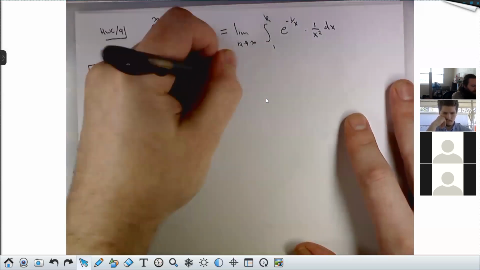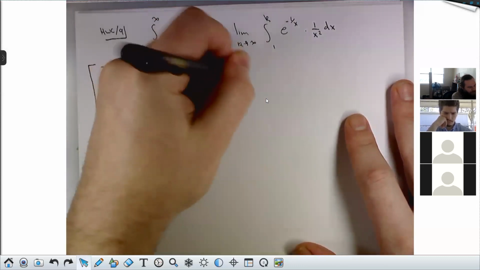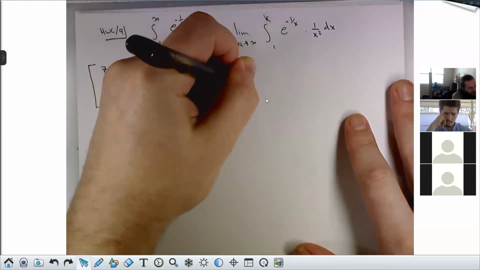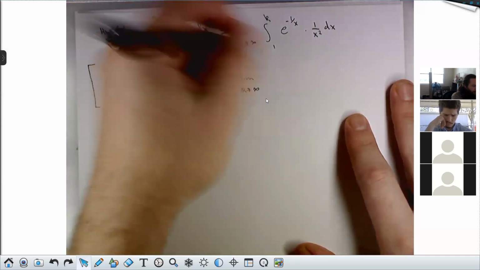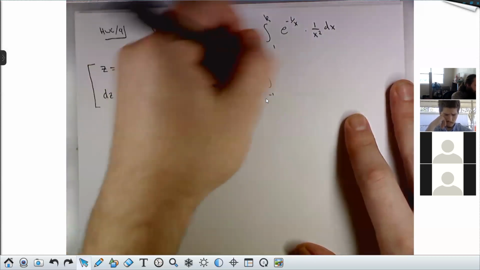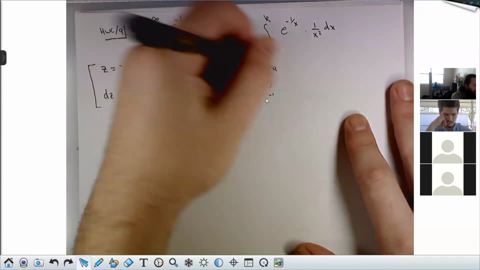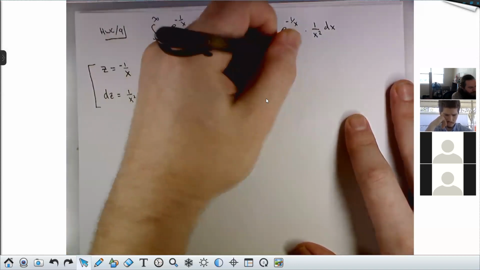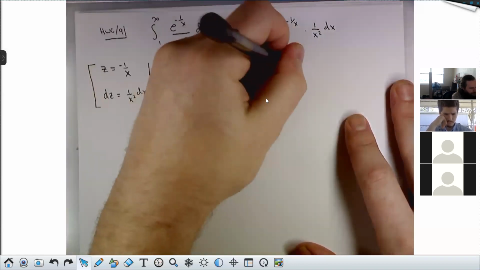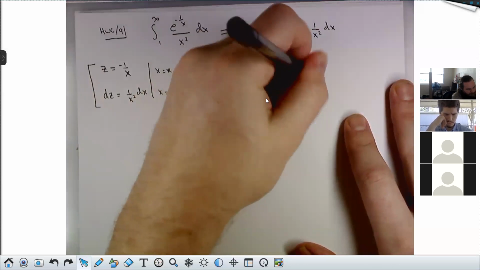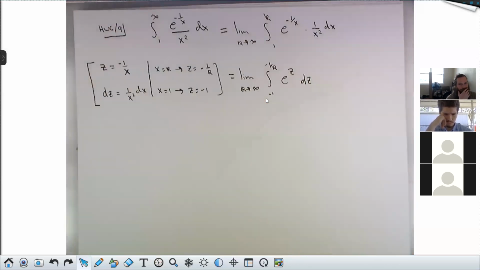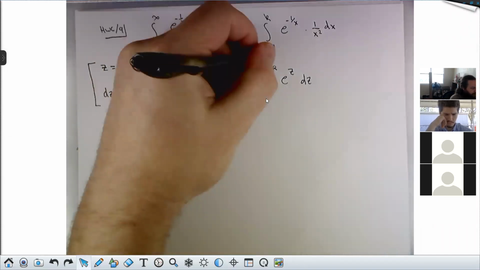So you get here the limit as r goes to infinity of the integral from negative 1 up to negative 1 over r of e to the z dz. And there's lots of ways to skin this cat. The reason I like this example is because the substitution does something very special.